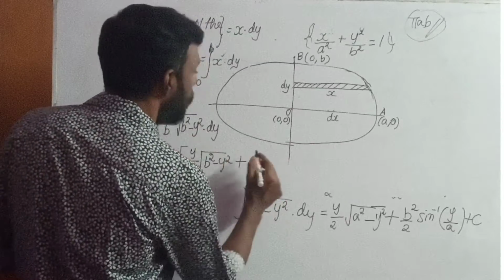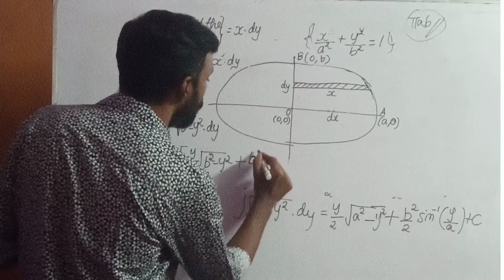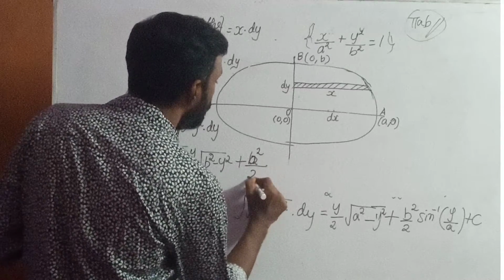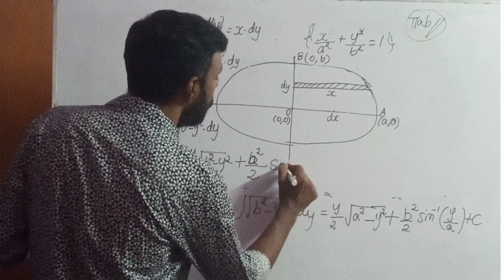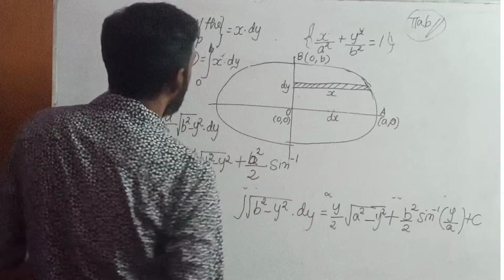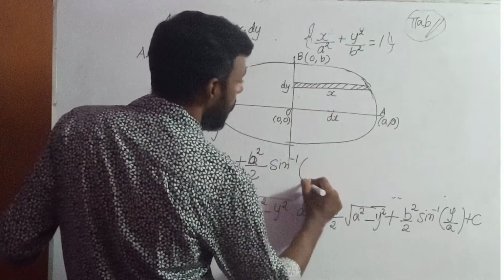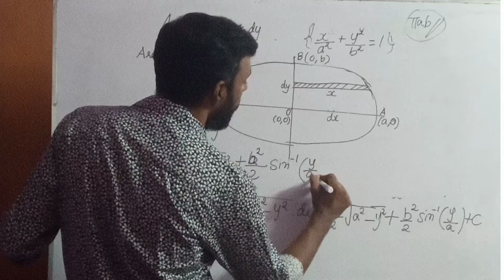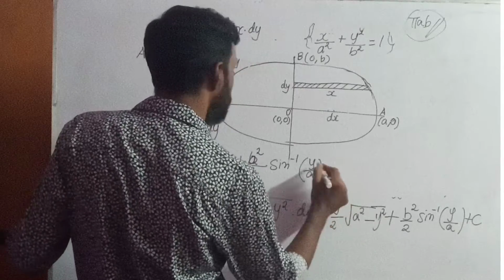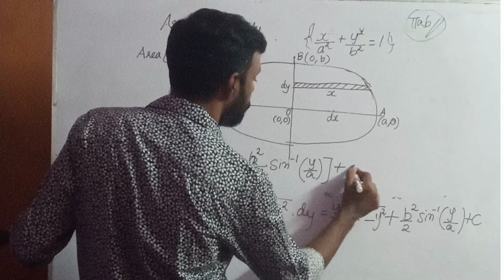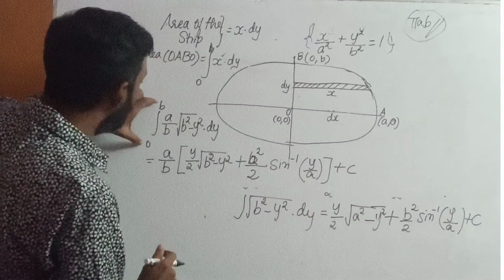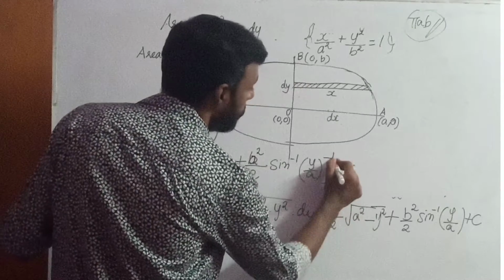Instead of a, I'm going to substitute b squared divided by 2 into sine inverse of y divided by a, plus c, and I'm going to fix the limits at 0 to b.